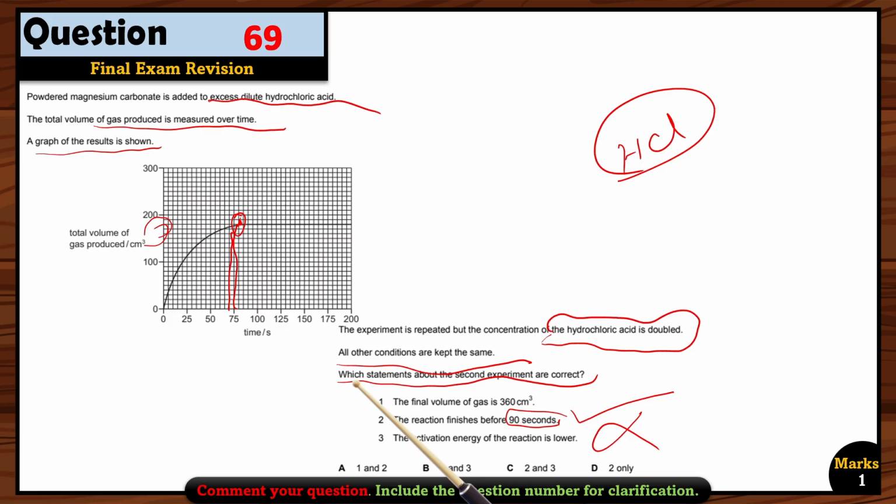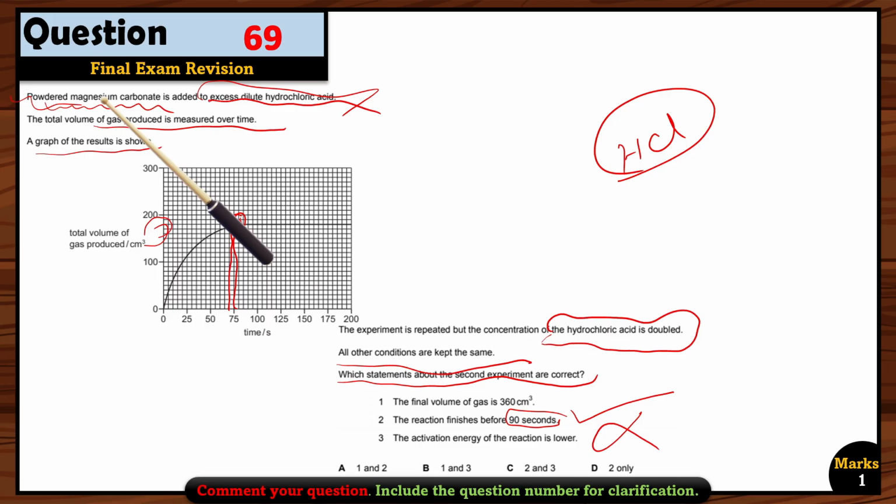Why wrong? Because we already have powder magnesium carbonate, and even if the acid is highly concentrated, you can think that the concentration is more and we have more particles, so the product can be more. But the problem is that your other reactant is the limiting one. They have not used the word excess with magnesium carbonate.